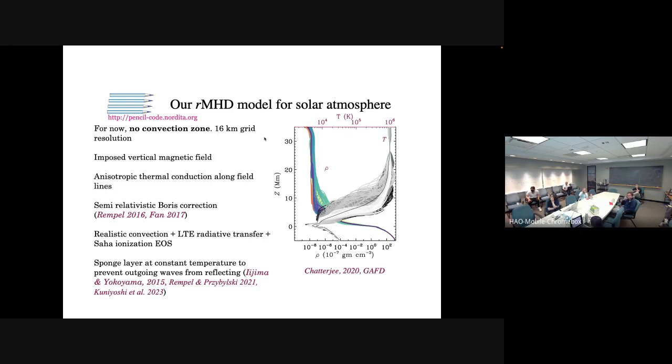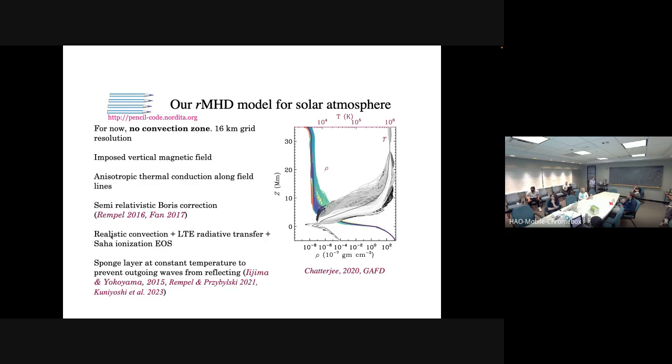Our grid resolution is fine enough, 16 kilometers. And then we have an imposed vertical magnetic field. We also have anisotropic thermal conduction along field lines. And we have incorporated a semi-relativistic Boris correction, which has previously been incorporated in other codes by Matthias and also by Yuhong in their respective codes.